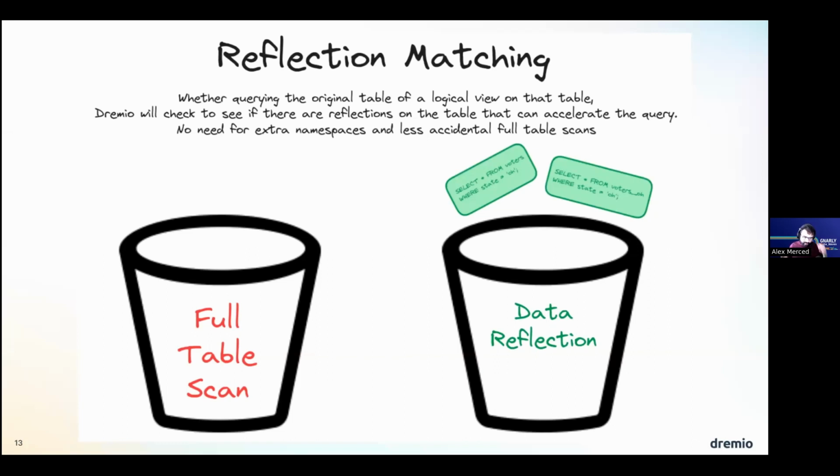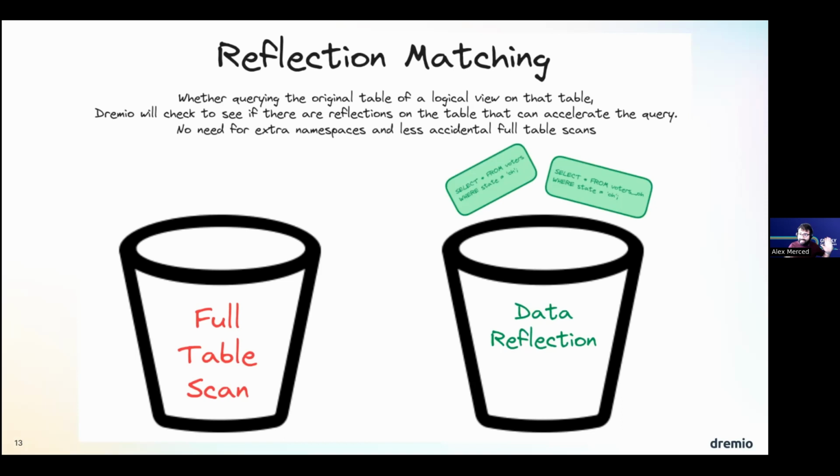They didn't have to think, to take advantage of the reflection I've got to query voters Ohio reflected. No, they can just query the voters table. They can query the voters Ohio view, because if Dremio knows that the particular view you're querying is derived from another data set or view that has a reflection on it, it will check to see if that reflection would apply or would help the current query. So you're going to get much more bang for your buck.